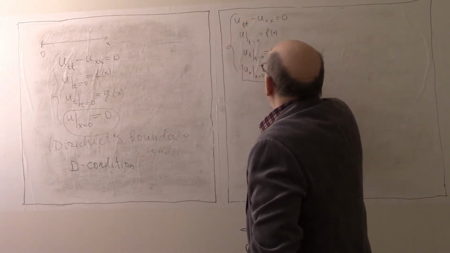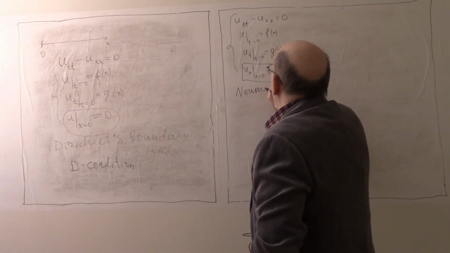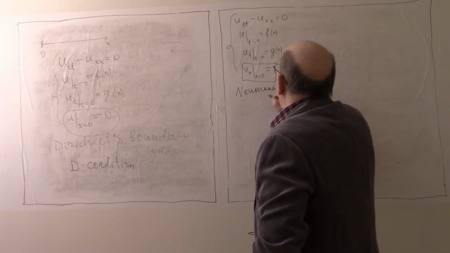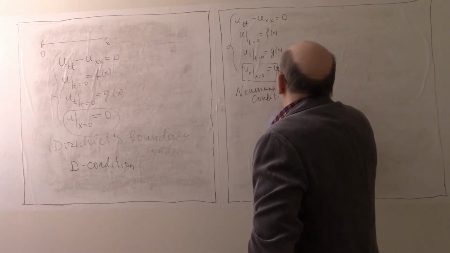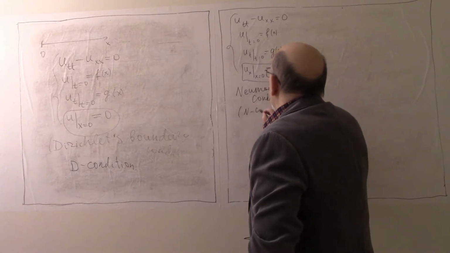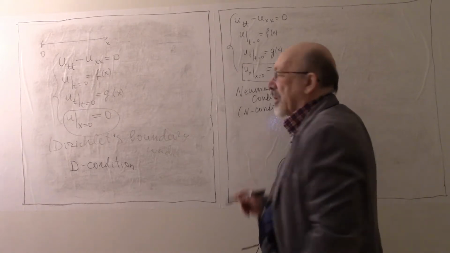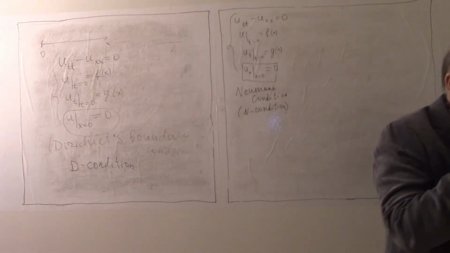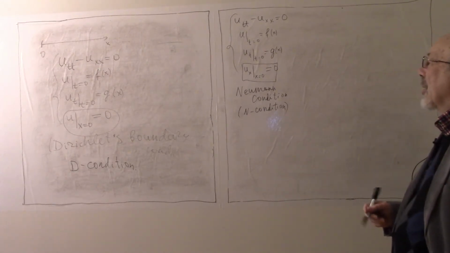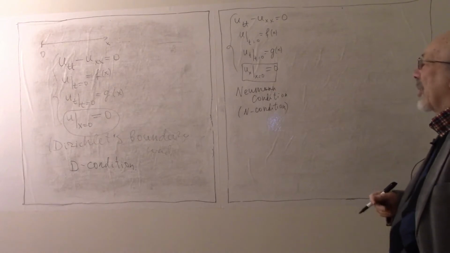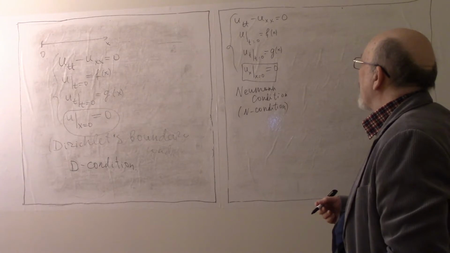And this boundary condition is called Neumann condition, or simply N condition. It is named after the mathematicians Dirichlet and Neumann, who studied these problems, and many others which we also will touch in this course.